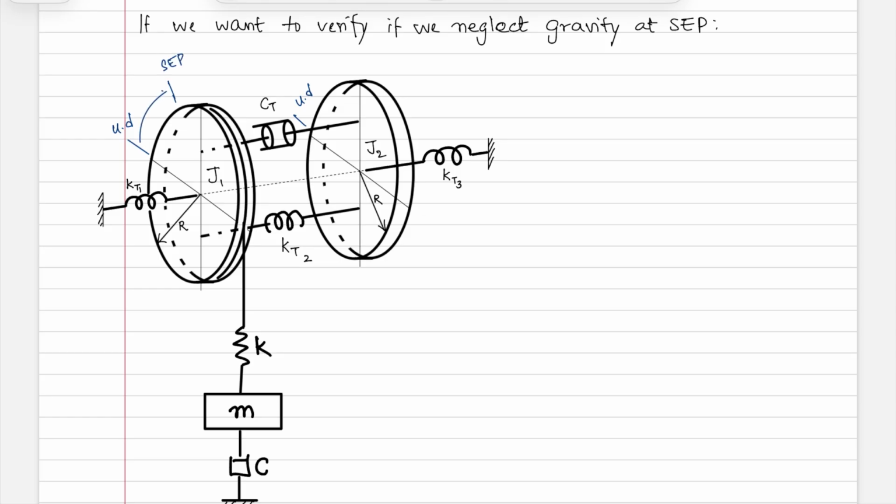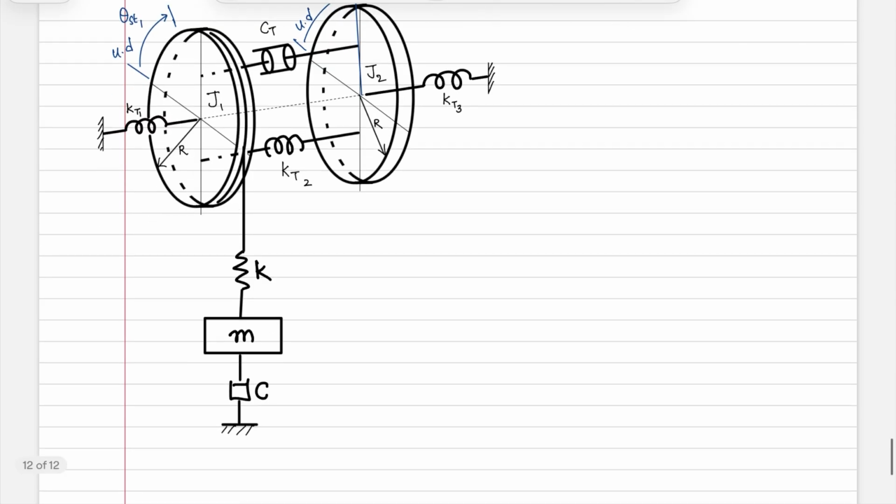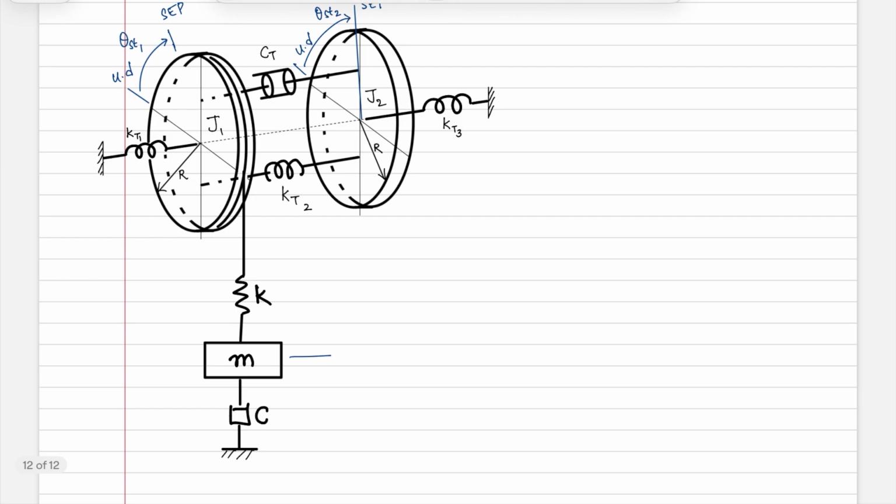So it is rotated by some theta static 1. Similarly, this one is rotated to this position here, defining that as theta static 2. And similarly, from the undeflected position, this mass has moved down to the SEP by some delta static.